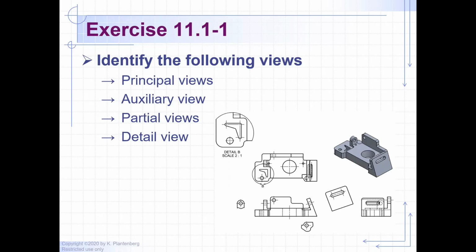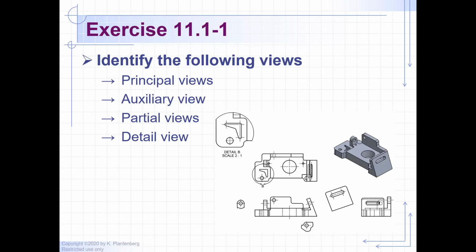The parts that we've been doing up to this point are pretty straightforward and simple, right? Nice straight edges, not a whole lot going on. But in the real world, there's a lot going on in every direction, right? So you can kind of see the complexity of that part, and that's not uncommon at all to see something like that. So you may have a drawing that has all those different types of views, and we can identify those, right?